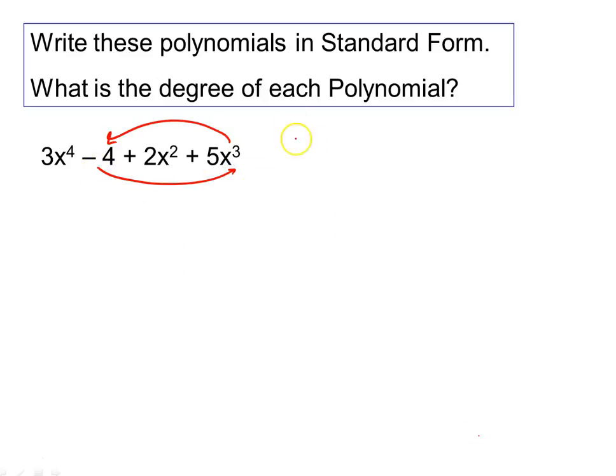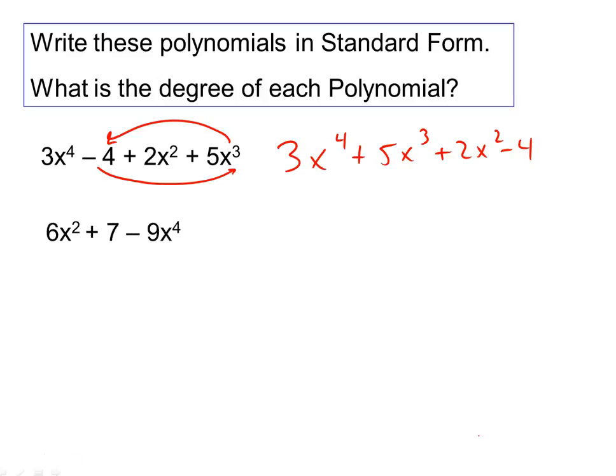So we would rearrange it and write it as 3x to the fourth plus 5x cubed plus 2x squared minus 4. Another example, this fourth degree term goes up front, so -9x to the fourth. We're going to add to that 6x squared, and then plus our constant in the back, 7.